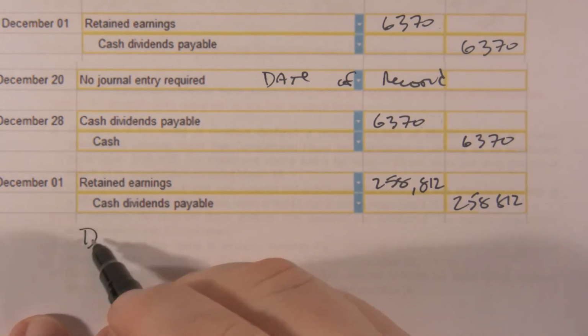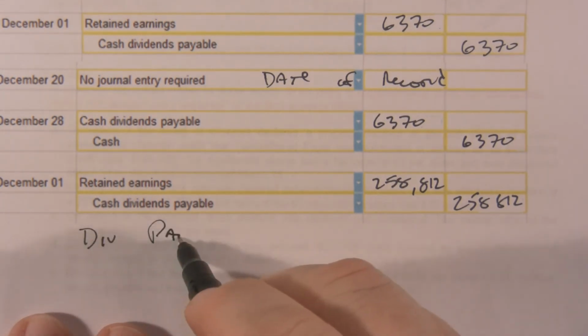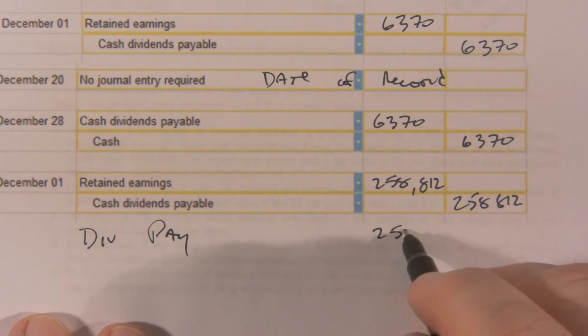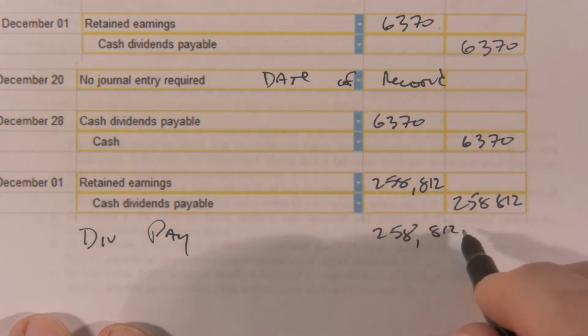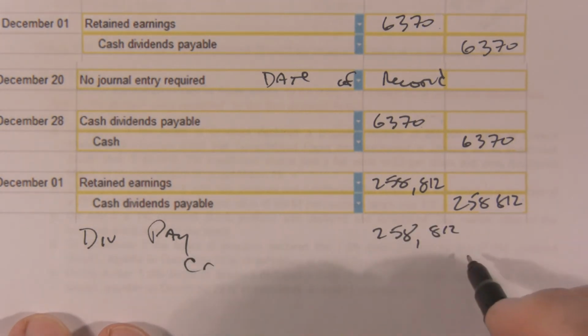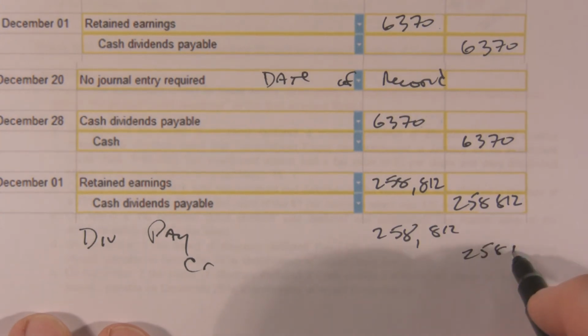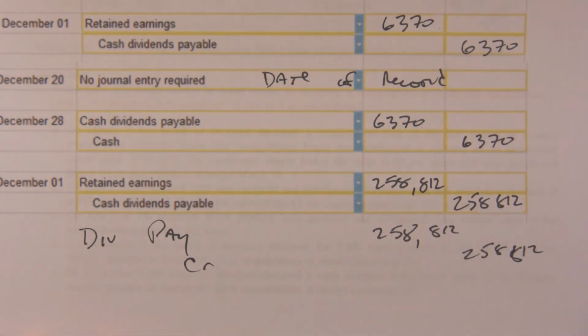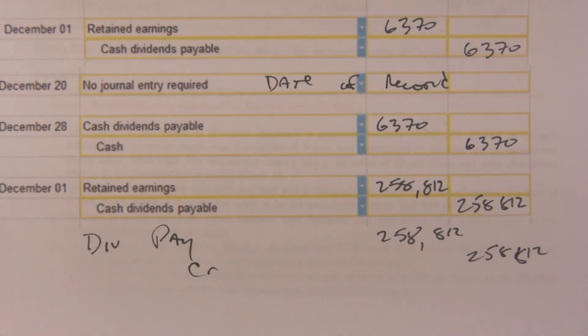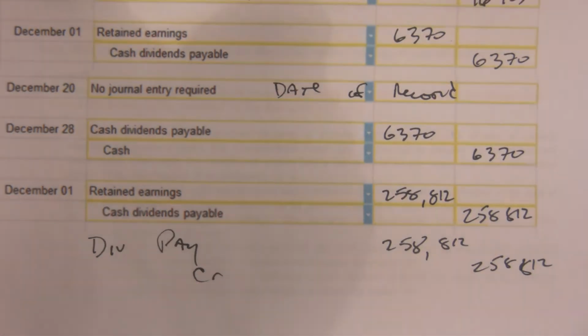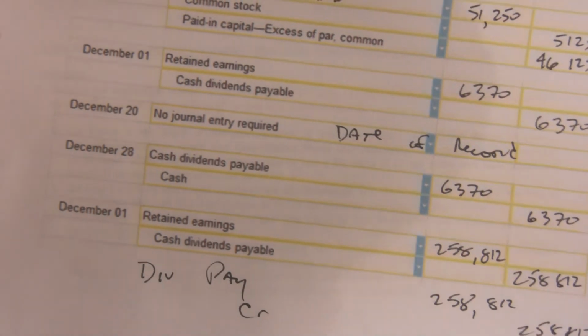We have a debit to dividends payable, $258,812, credit to cash, $258,812. So, not tough, just detailed. You had to remember all those little pieces, and as they give you some information, you have to remember to grab it.